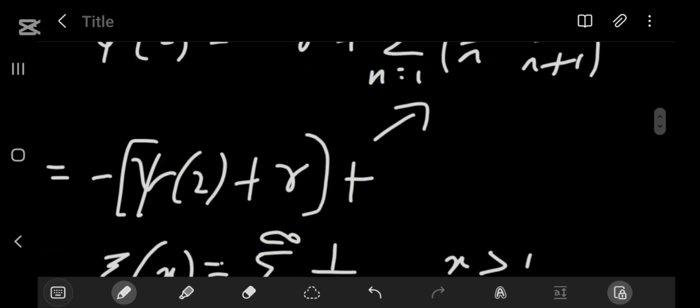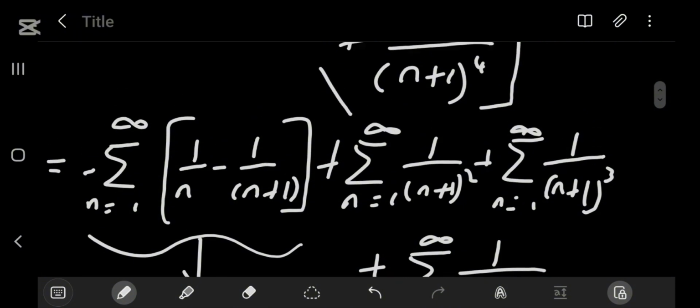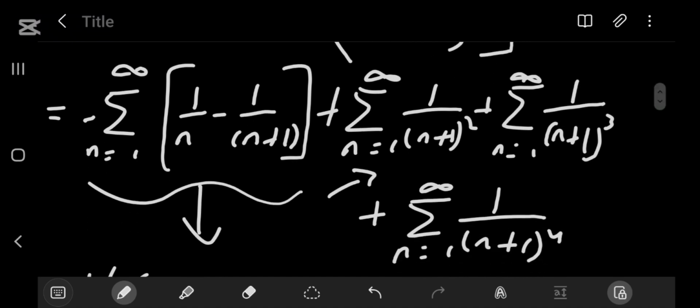But when we plug those values here, we can see that if I plug in 1 here, it actually becomes 2. So 1 over 2 squared equals 1 over 4. It means every term here starts from the second term onwards.